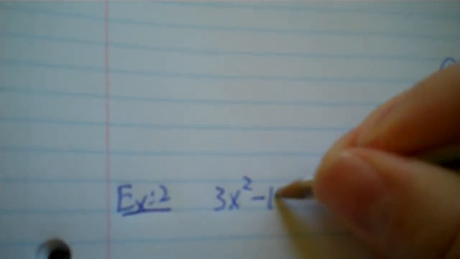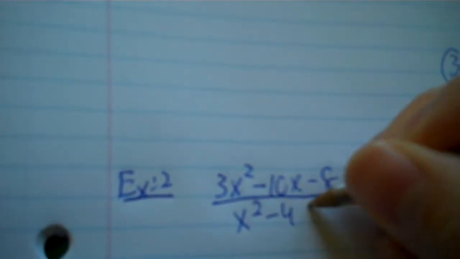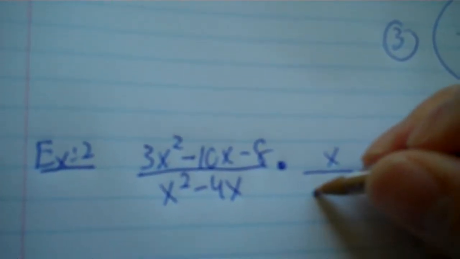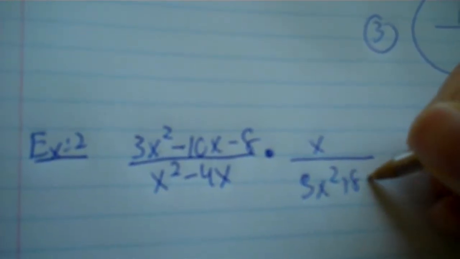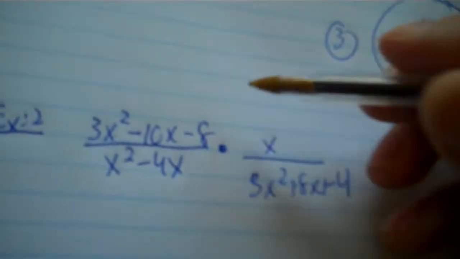Okay, example 2. We have 3x to the power 2 minus 10x minus 8 over x to the second minus 4x, times x over 3x to the second plus 8x plus 4. Again, the multiplication is the same idea as what we did up there.